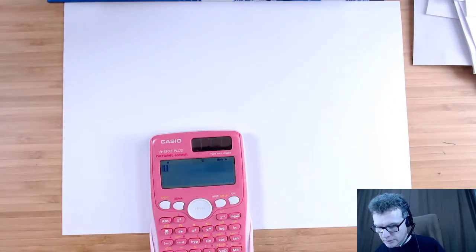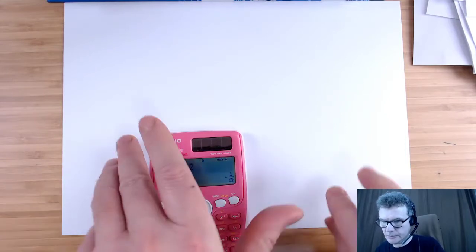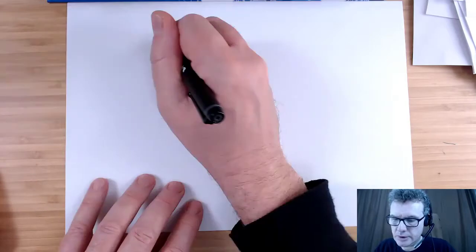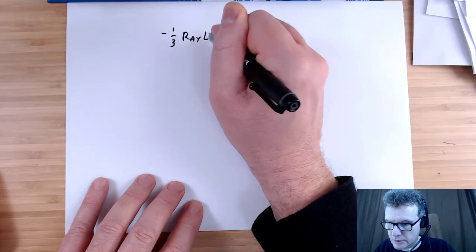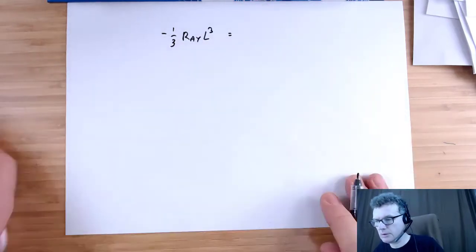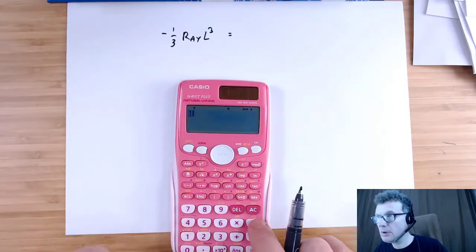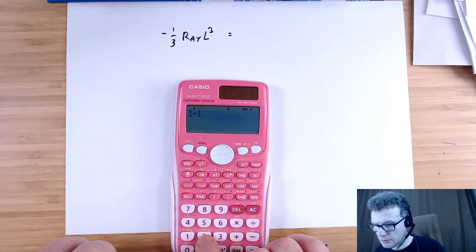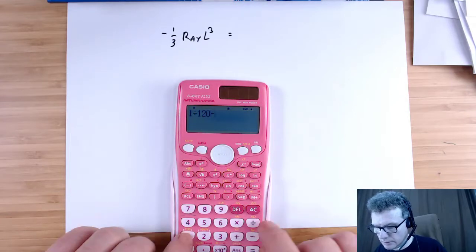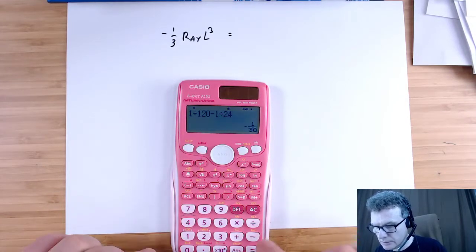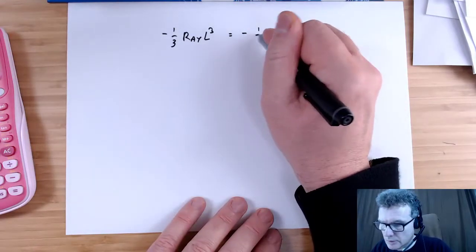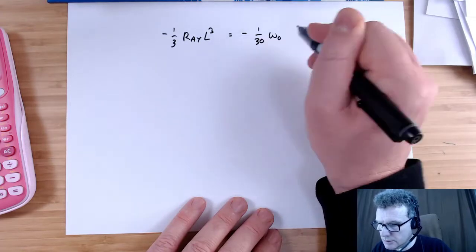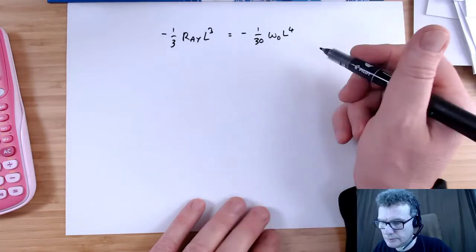Right, can't be bothered, let's use my calculator. 1/6 take away a half, that's a third. So we've got minus 1/3 RAY L to the power 3 equals 1/20th take away 1/24th, which is minus 1/30th W0 L to the power 4.